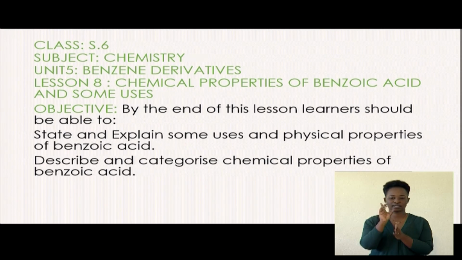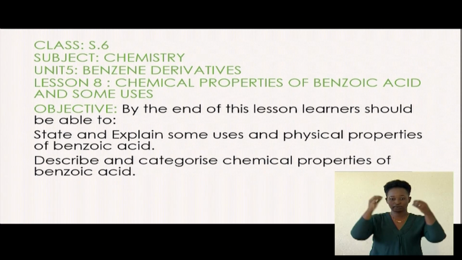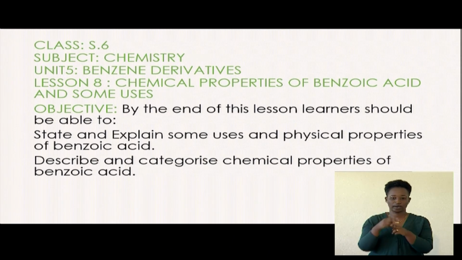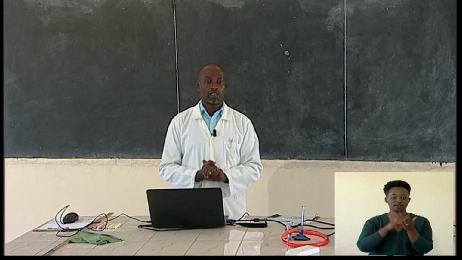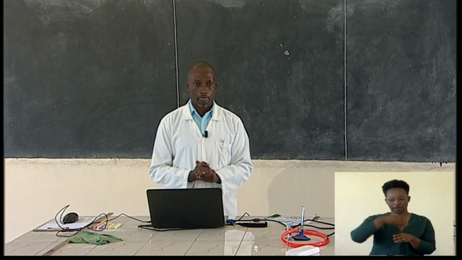Still, we are on Unit 5, which is benzene and its derivatives. And we have so far gone to Lesson 8, which is chemical properties of benzoic acid and some uses that we'll be able to look at in our lesson for today.